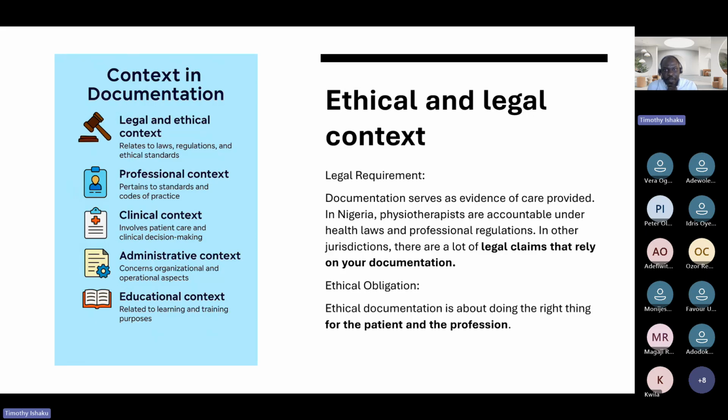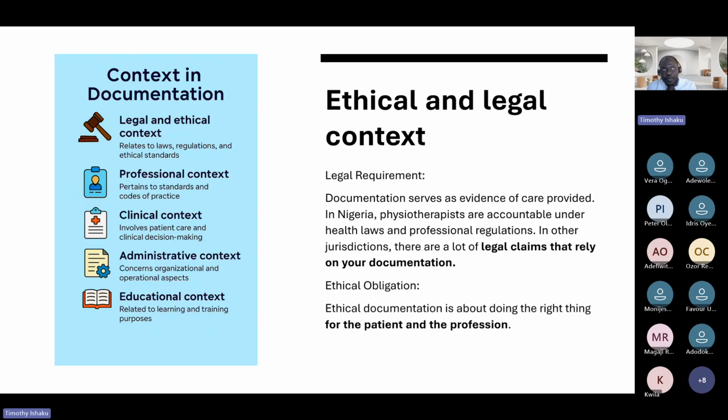And remember, I think it's also applicable in Nigeria, though I'm not sure how aware patients are: patients can request to see everything about themselves. Everything you are writing about the patient, they can decide to request their record under the Freedom of Information Act, to see everything you've written about them.